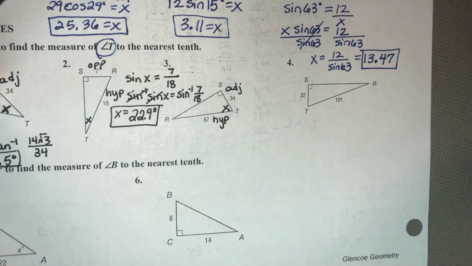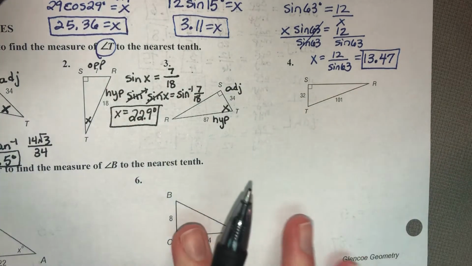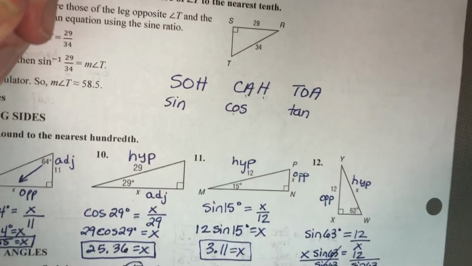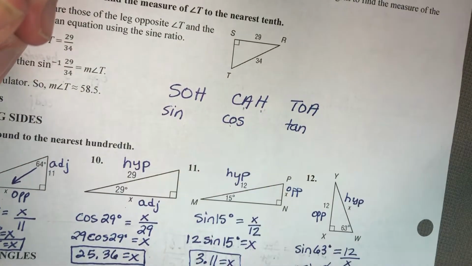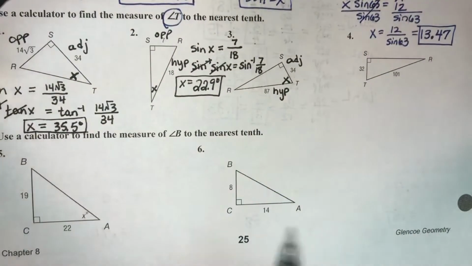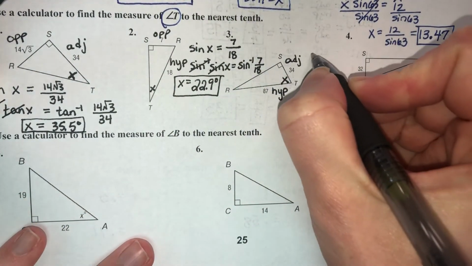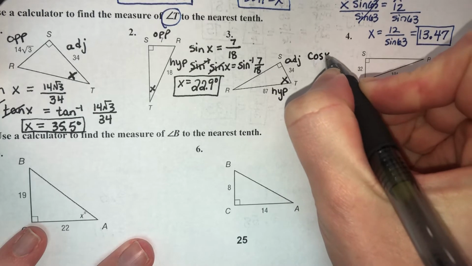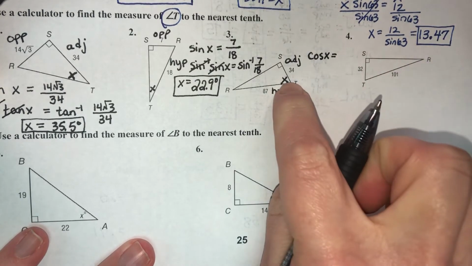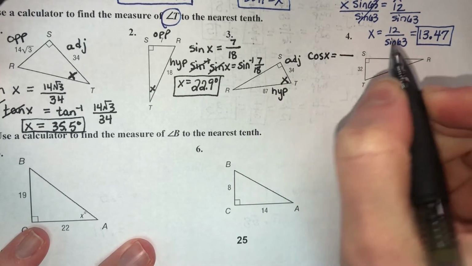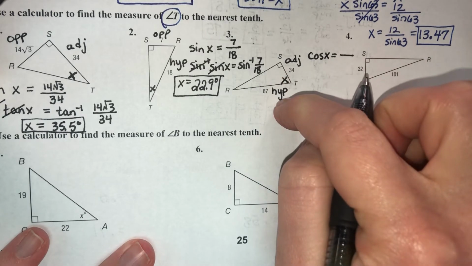Now, which trig function, sine, cosine, or tangent from SOHCAHTOA, uses the A and the H? The A and the H is with the cosine. So I'm going to say cosine of x, my missing angle, equals the adjacent side over the hypotenuse.